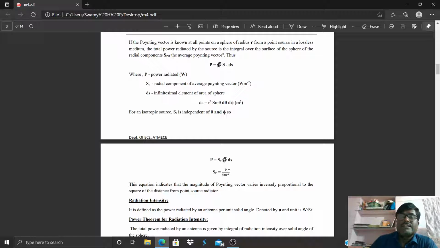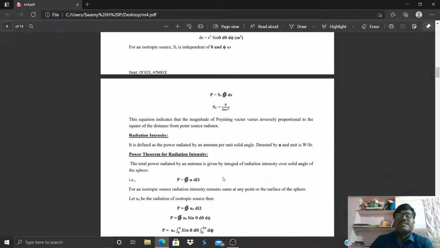If you integrate dS, that gives you the total area, 4 pi r squared. So S_r into 4 pi r squared you will be getting. So S_r is equal to P divided by 4 pi r squared.